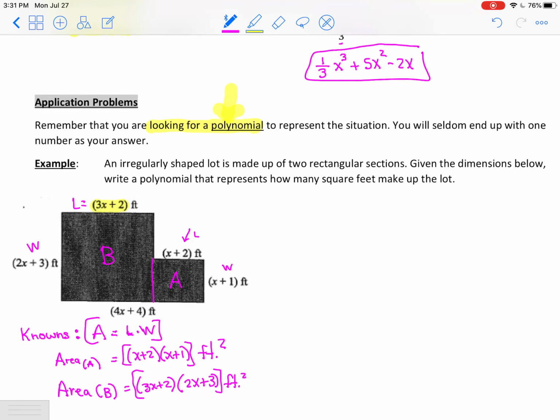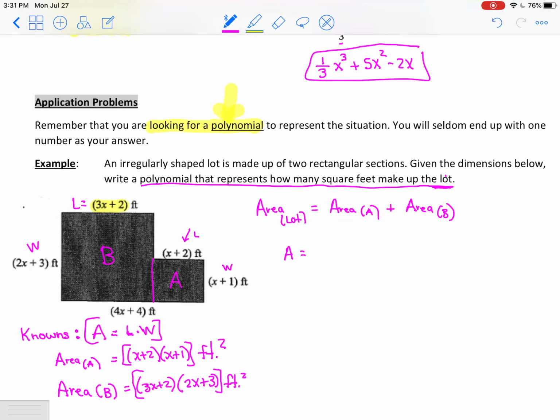All right, so we know that the area of the whole lot, which is basically what they're asking for here, a polynomial that represents how many square feet make up the lot. Okay, so that's going to be equal, of course, to the area of both of our rectangles. So we're going to have the area of A plus the area of B.